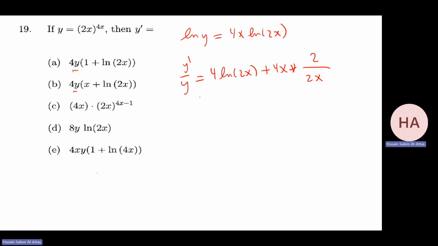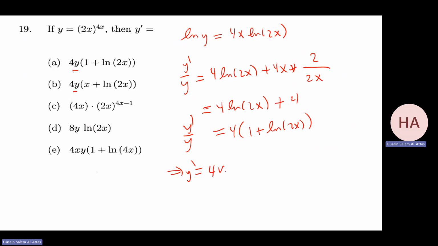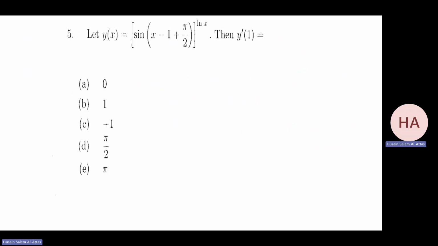This is 2, so I have 4 ln 2x plus 4. In other words, it's 4 times 1 plus ln 2x. This is y prime over y, so y prime will be 4y times 1 plus ln 2x, which is this one.